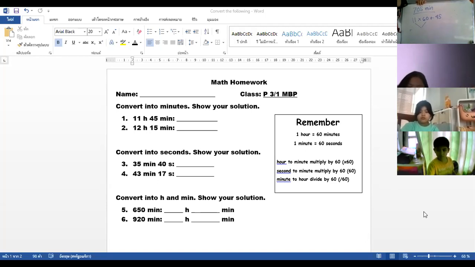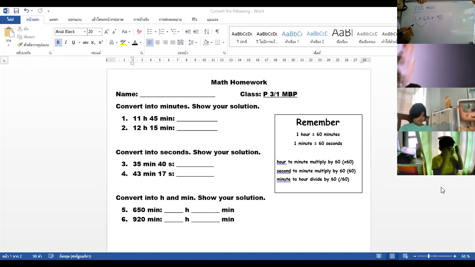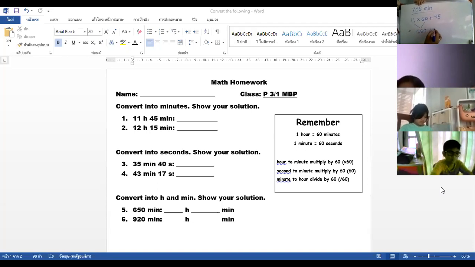So what is 11 multiplied by 60? Class, what is 11 multiplied by 60? 660. Very good, Boom, plus 45. So that's 705. Very good, Boom.